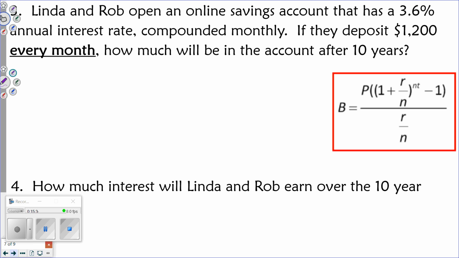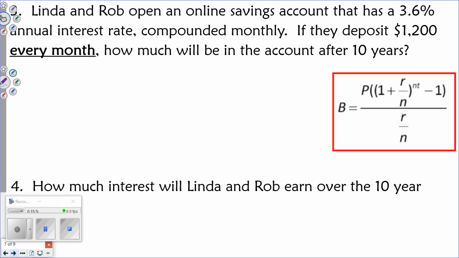This one, I'm looking at the questions asking how much will be in the account in the future, right? So that's what your brain should automatically like, oh, it's one of my future value equations, right?